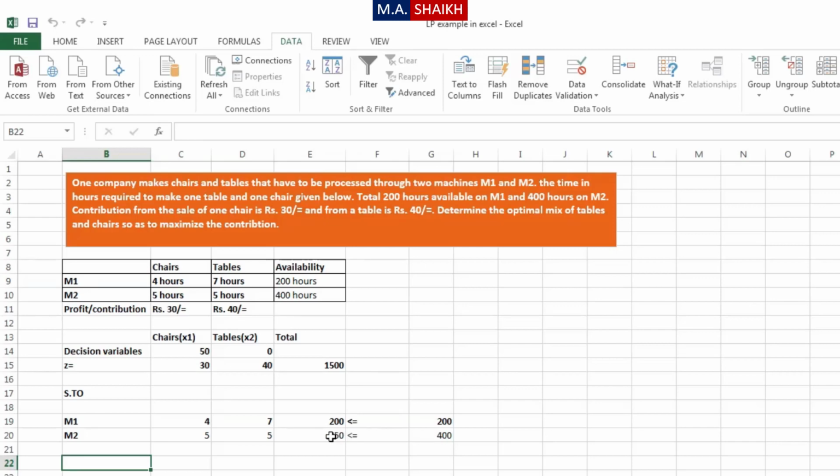So if you make 50 chairs and 0 tables, then the profit of 1500 will be maximized. So this is actually the thing. Thank you.